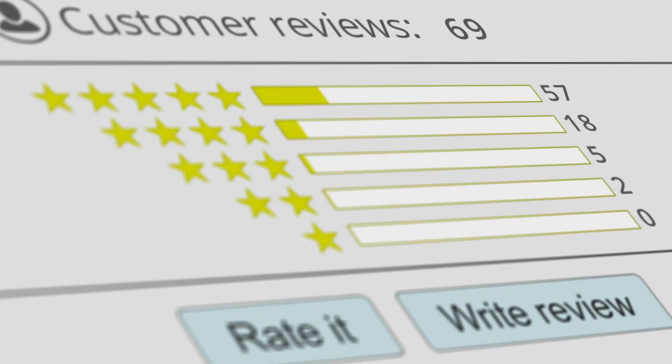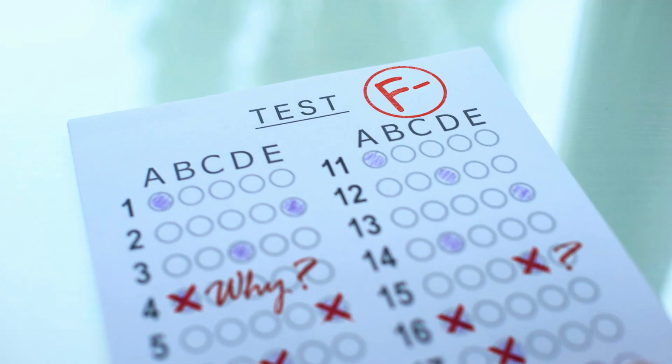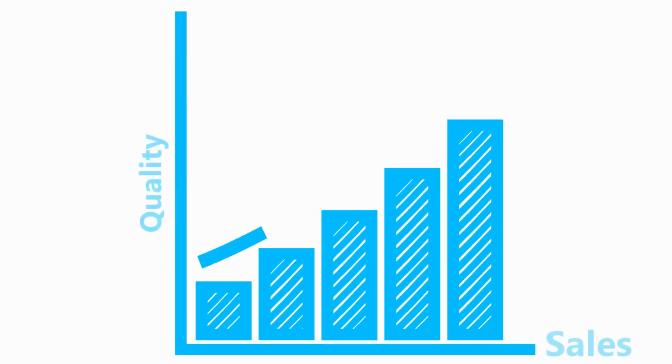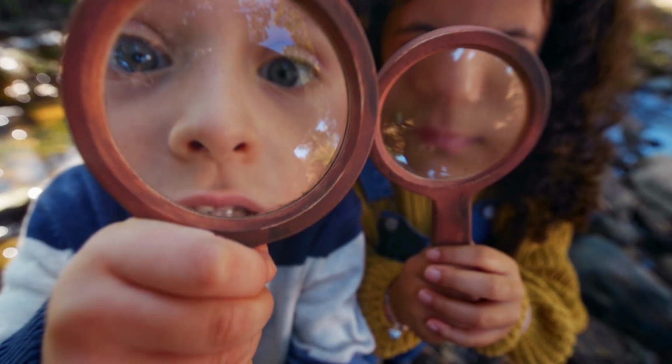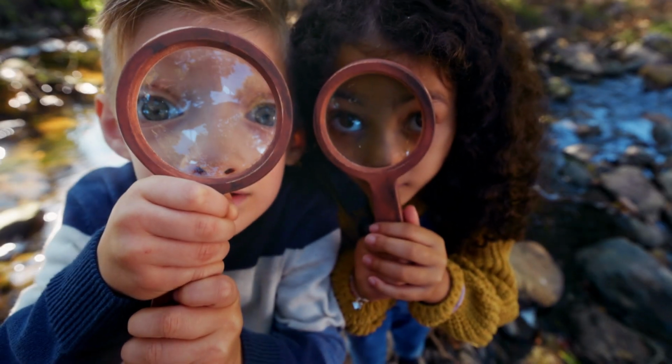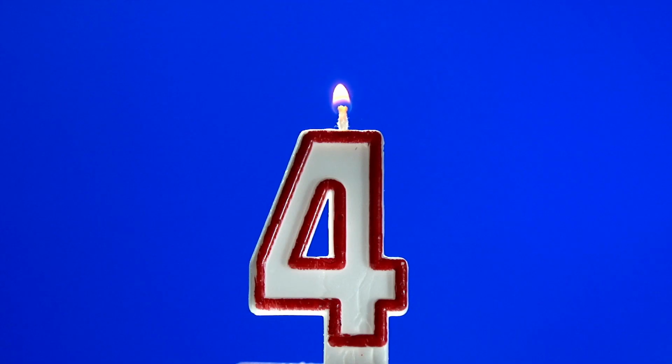Negative reviews will significantly impact your book's rating and deter potential customers from purchasing your book. Remember, the quality of your book has a direct impact on its long-term sales potential. So make sure to triple check your book for any typos or grammatical issues before publishing, or even hire a professional editor.